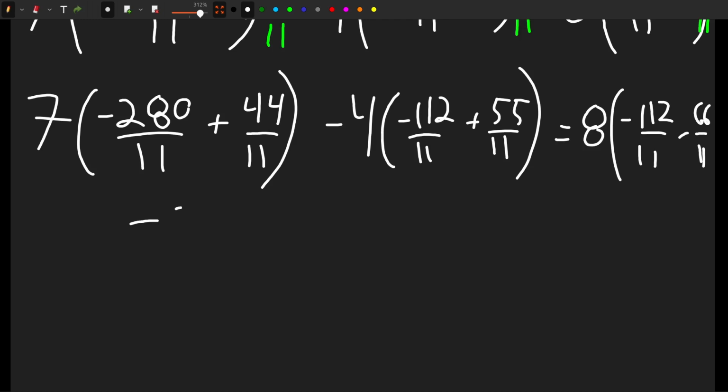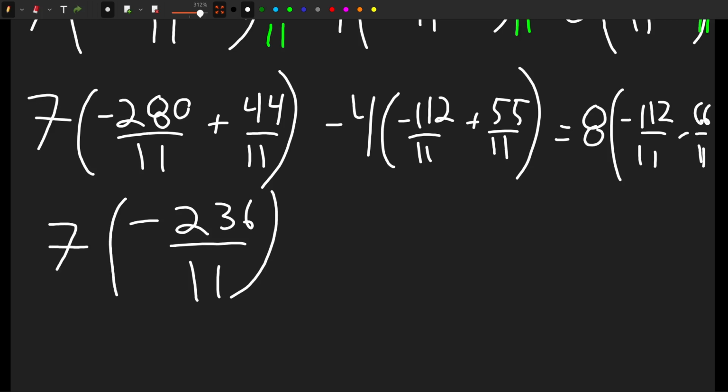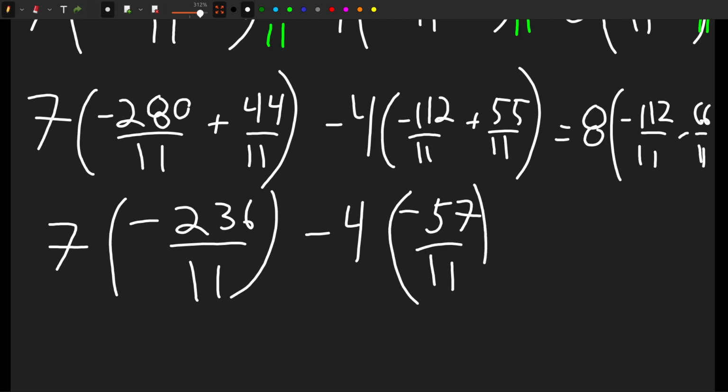So inside here is going to be negative 236 over 11, and that's all going to be multiplied by 7. Here, negative 112 plus 55 will be, what's that? That's negative 57 over 11, I believe.